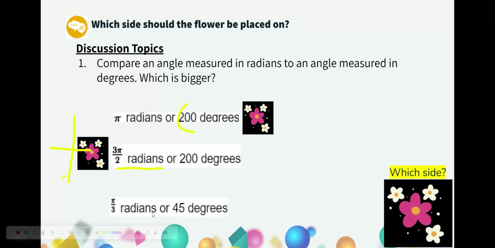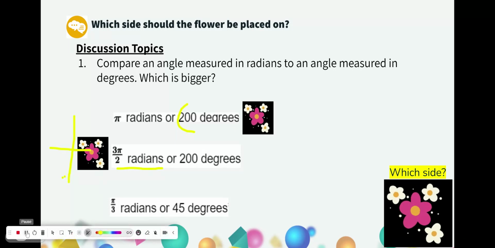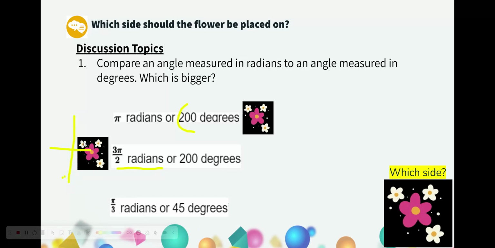Now, in pi over 3 radian, or 45 degrees, pi over 3 is bigger because 45 will just stay here in this part, while pi over 3 will be here. Alright, so the flower will be there. Again, you can verify this in your Desmos graphing.